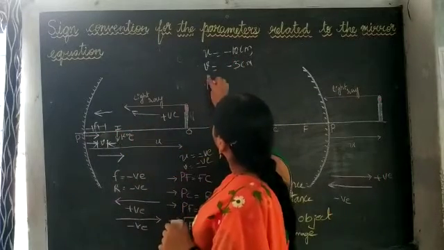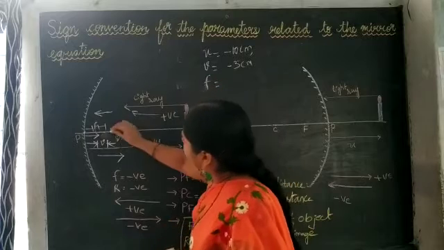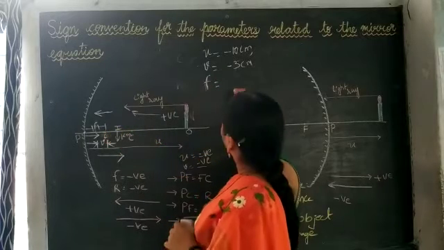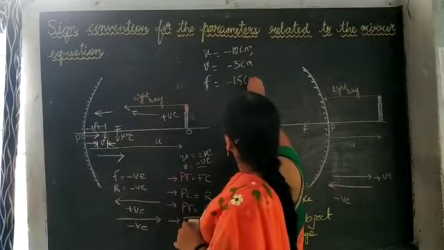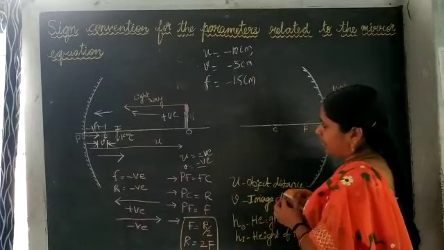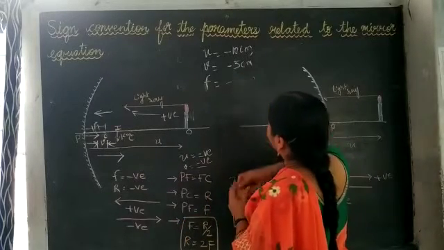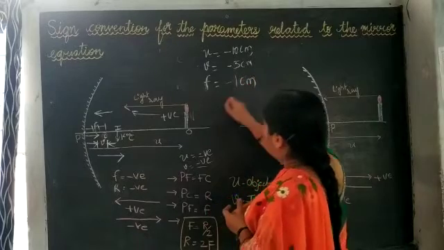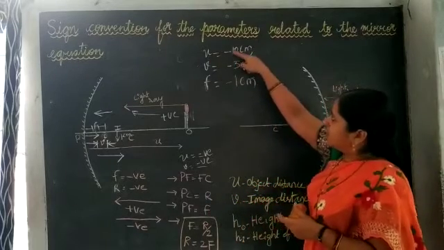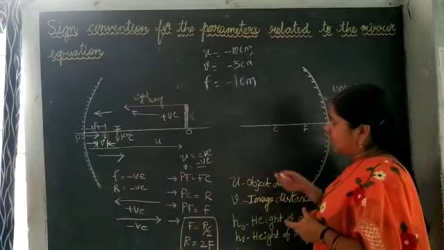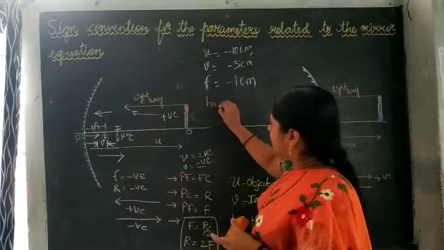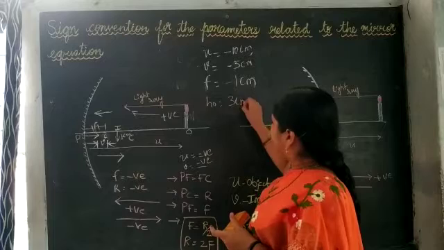The focus. This is the focus, maybe 1.5 centimeters or 1 centimeter. Object distance is minus, image distance is minus, and focal length is also minus. And height of object is roughly some centimeters.